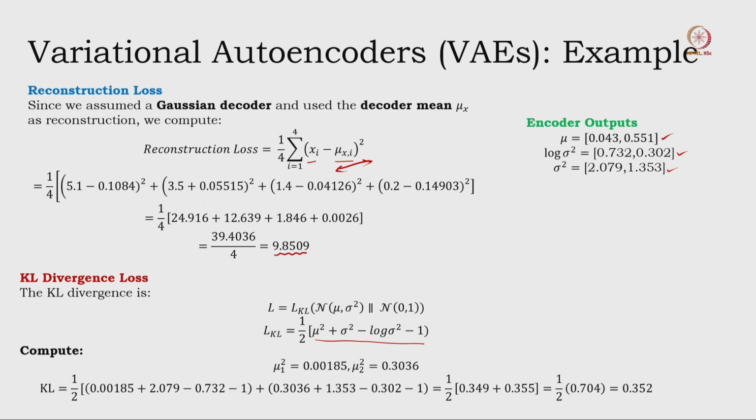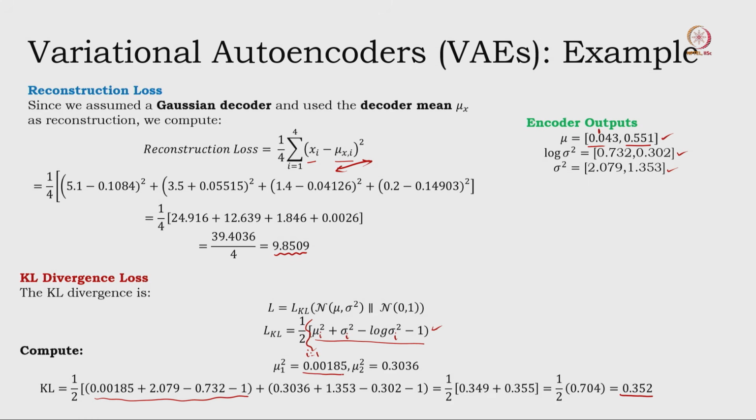Substitute the values in this particular formula so that we get the KL divergence value as 0.352. How have we calculated it? Since there are two means, you will have two terms here. It is 1 by 2, summation over i. First, when i is equal to 1, we have the first mean value, and then you take the square of it.